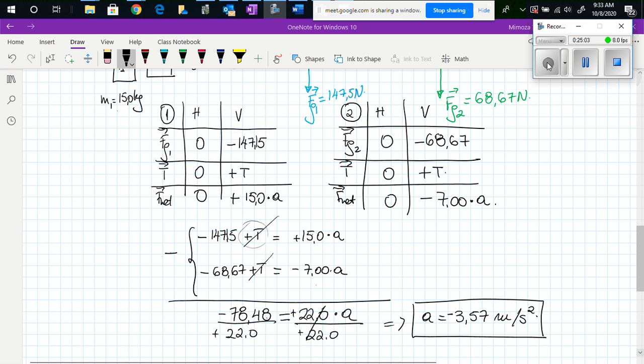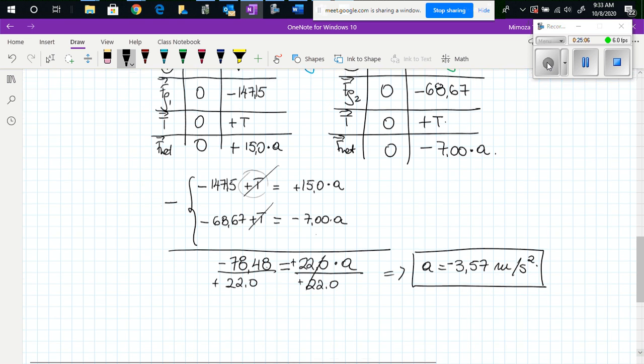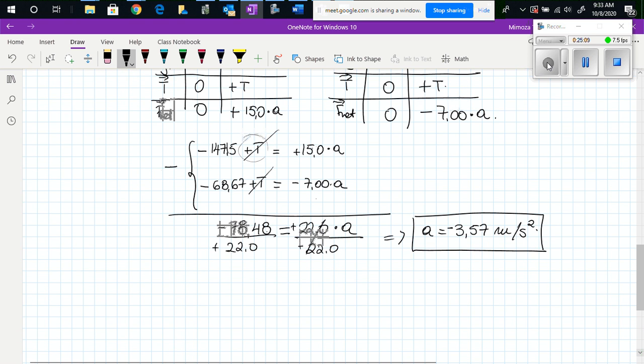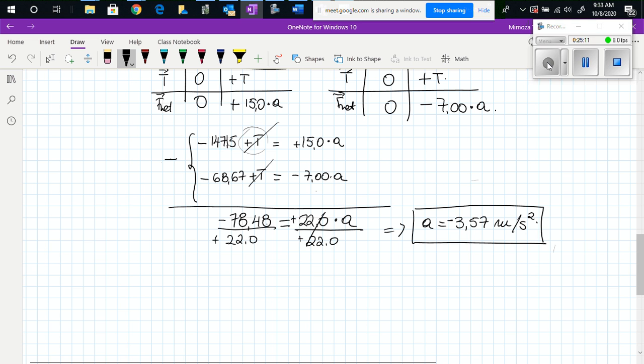So what you have to state in the case of the pulley, when the acceleration comes out negative, is to check your direction and say that the acceleration is 3.57 meters per second squared, but now it is counterclockwise, not clockwise. Then you take this value and substitute it in either equation 1 or equation 2, and figure out what the tension is.